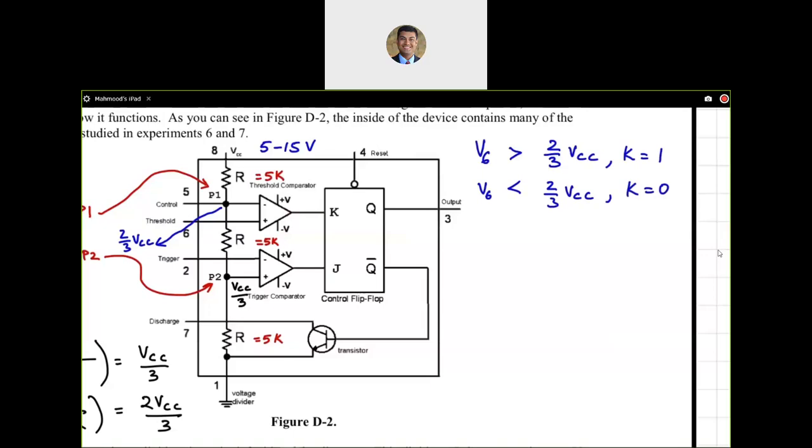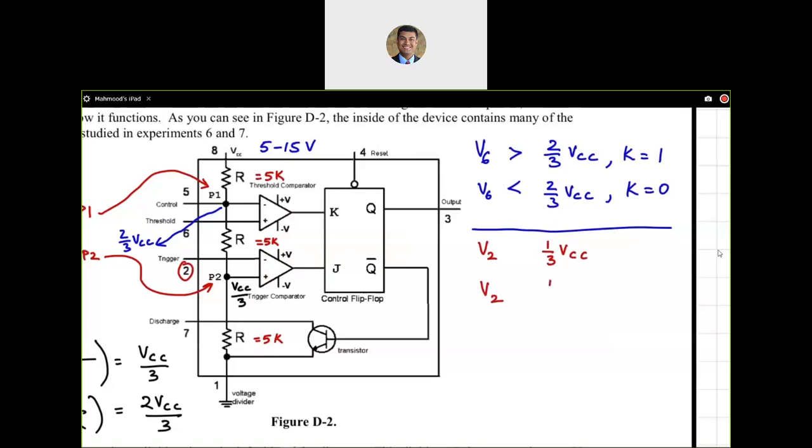Now similarly, I can write two more statements that correspond to the trigger comparator. In this case, my comparison voltage is VCC divided by 3, but the configurations are also reversed. So if I take a look at the trigger comparator, I'm using pin number 2 for that. So V2 is being compared with 1/3 VCC, two options.